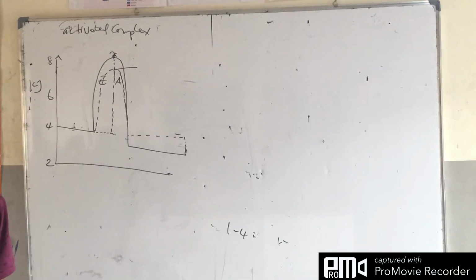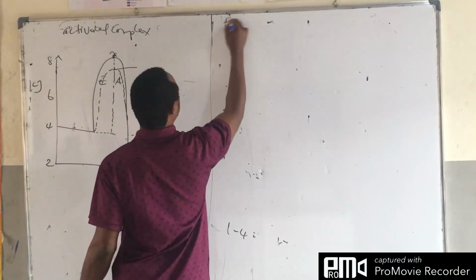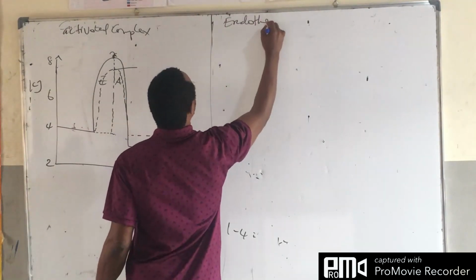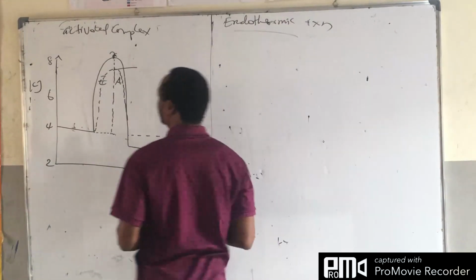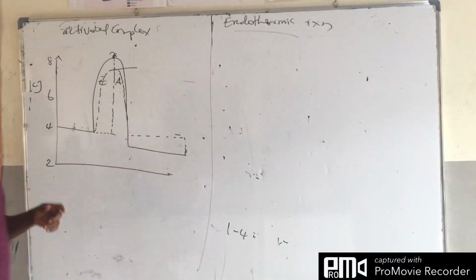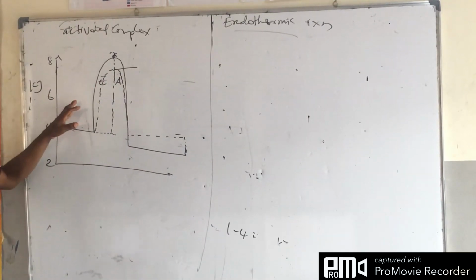Now, let me also talk about endo and exo. A reaction that gives out heat to the surrounding is called an exothermic reaction.